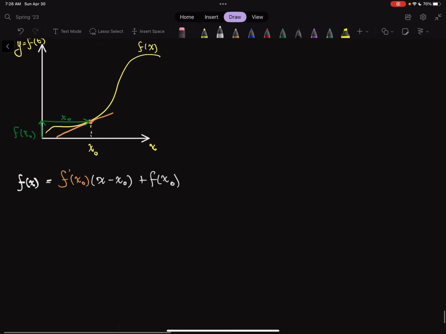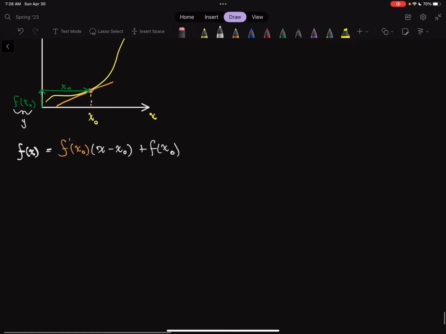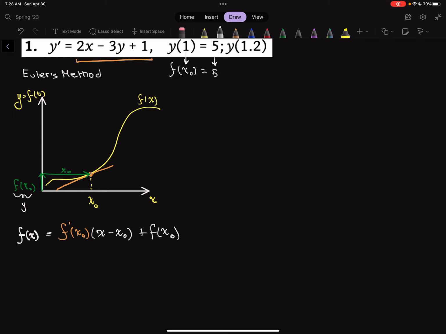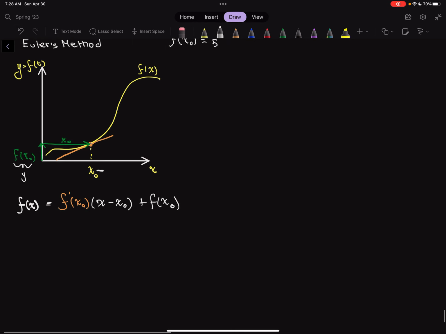So now I can substitute the values in. But we need to realize another thing. This is telling us the x that we want to end up at. So we're going to have an h amount, and we're going to end up at x1, which is going to be some other value right here.